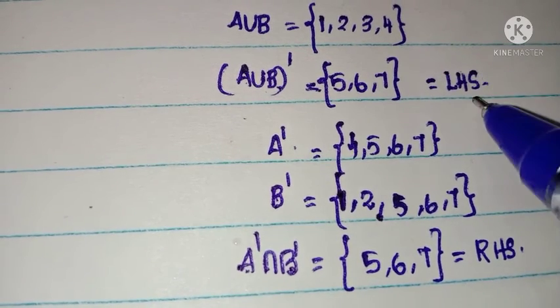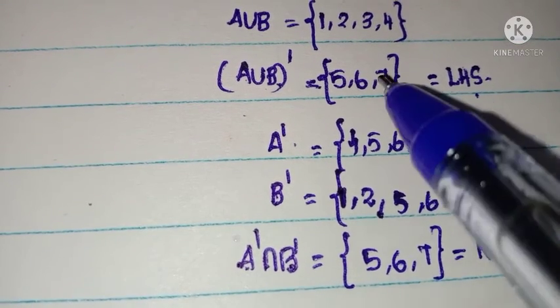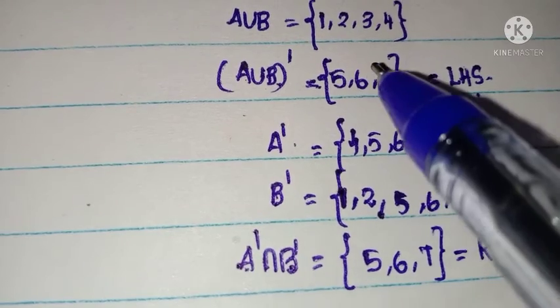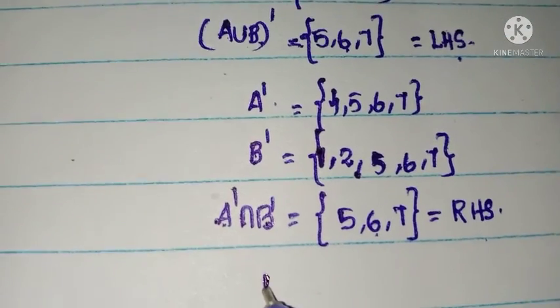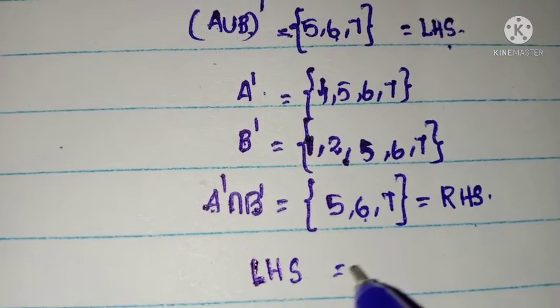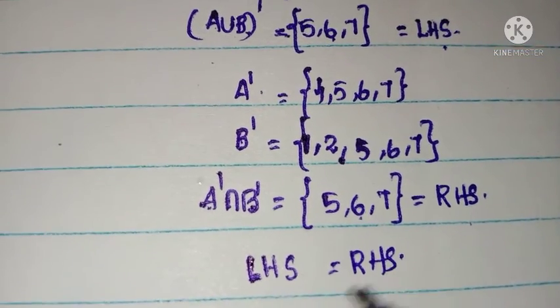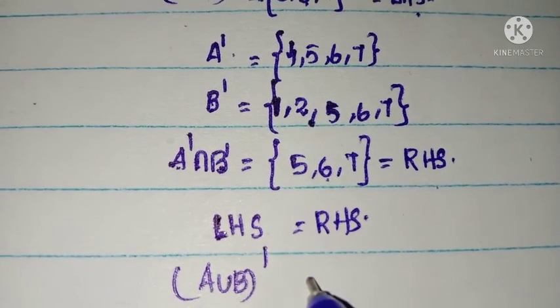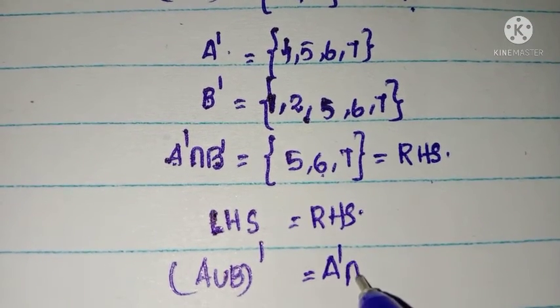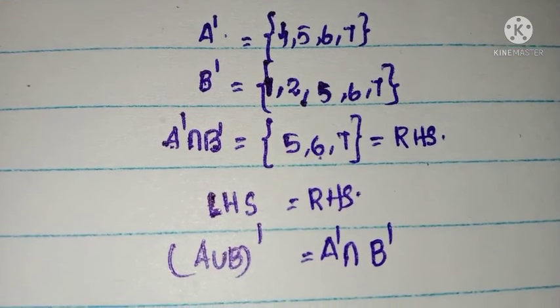Now look at LHS and RHS. See both sets are the same: 5, 6, 7 and 5, 6, 7. That is LHS equal to RHS. LHS is (A union B) the whole complement. RHS is A complement intersection B complement.